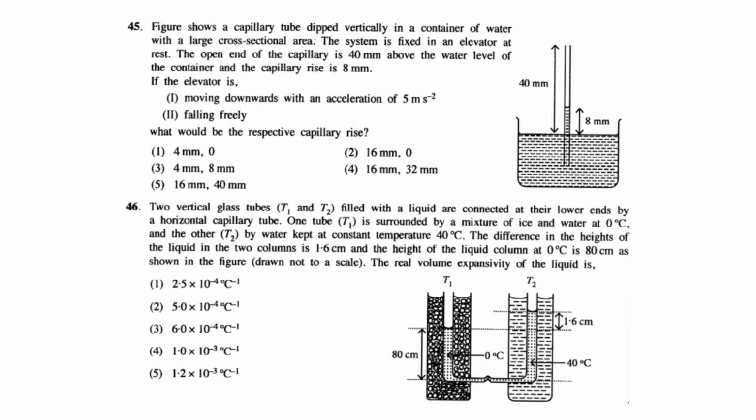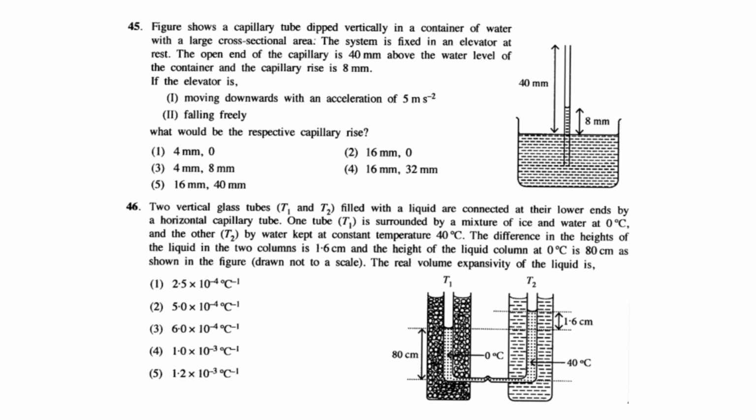Then we get 1 plus gamma times 40 equal 81.6 divided by 80. Then gamma times 40 is equal 1.6 divided by 80. Then gamma becomes 5 times 10 to the power minus 4. Answer is 2. Question number 47.